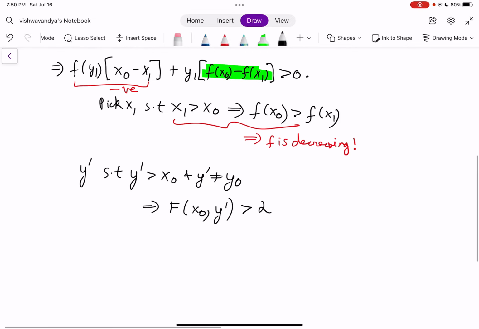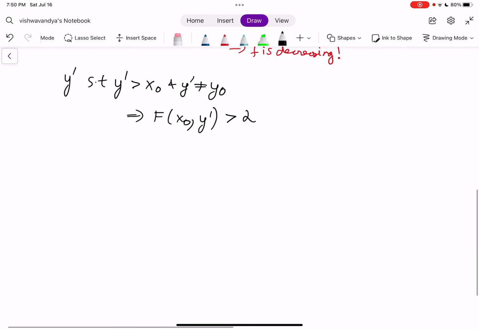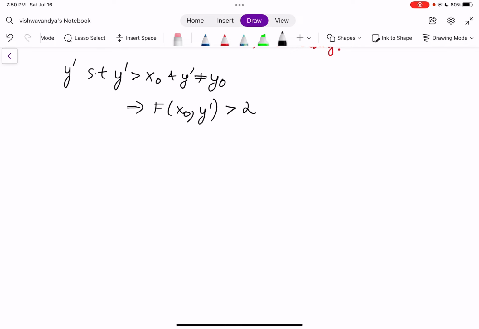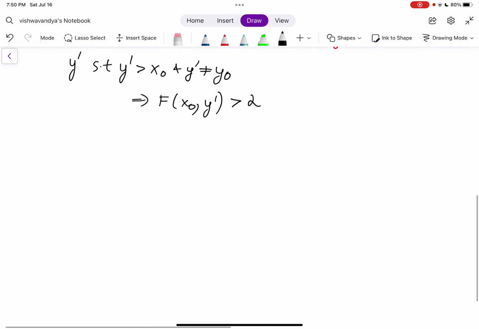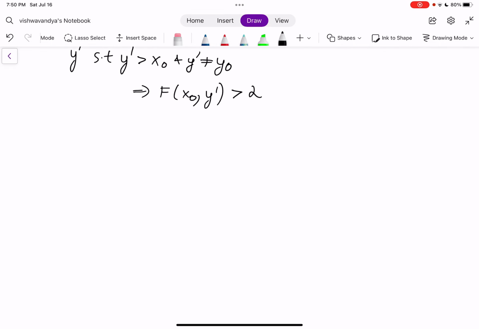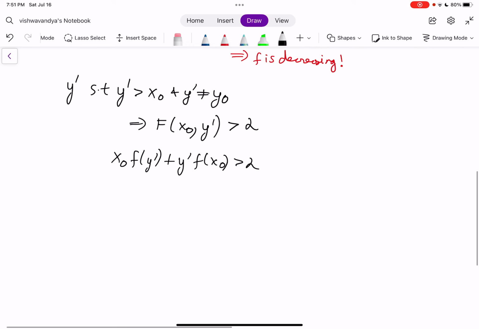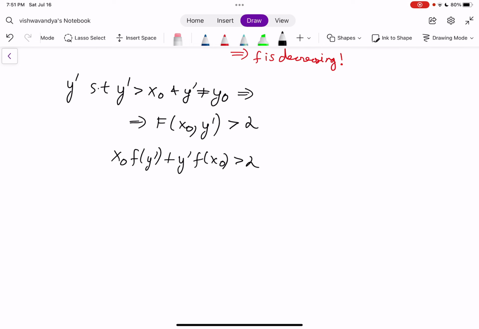Well, this is clearly by the uniqueness property, because x0 y0 is the only pair which satisfies the original inequality. So this must be true. Let's expand it out. So we have x naught f of y prime plus y prime f of x naught is greater than 2. But notice f is decreasing, so if y prime is greater than x naught, then f of x naught is greater than f of y prime.